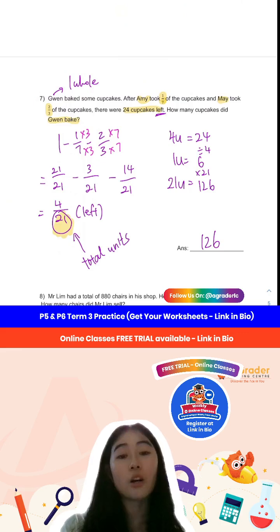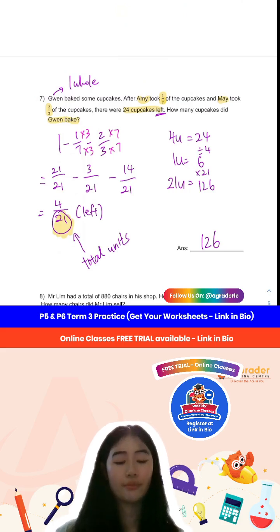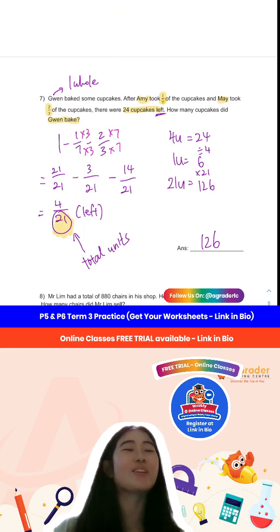Please remember that denominator always represents the total, which is what you're trying to find in this question. K is hungry, why 24 divided by 6? I did not use 24 divided by 6. I used 24 divided by 4 to get 1 unit.